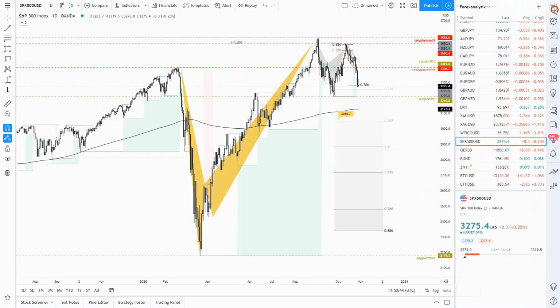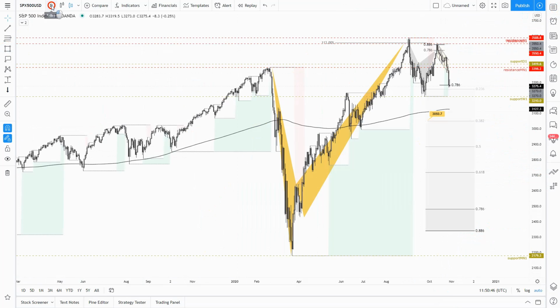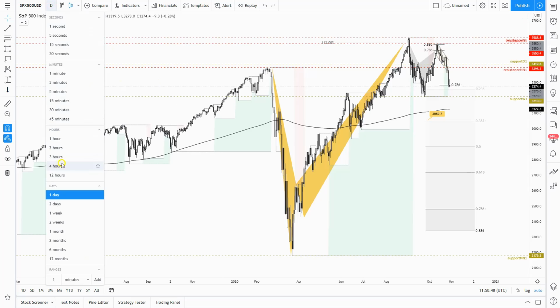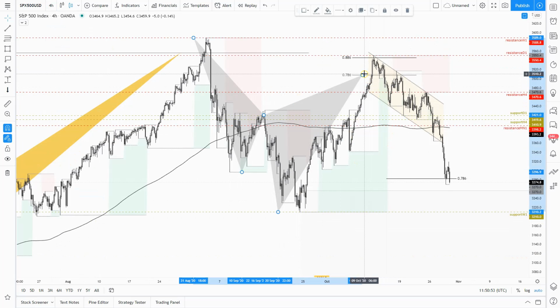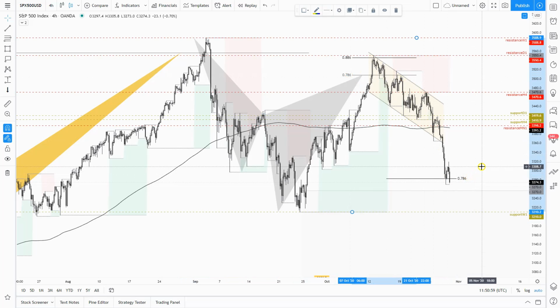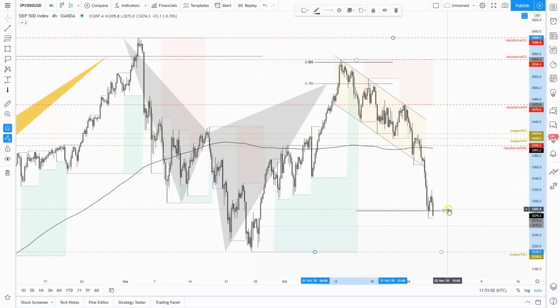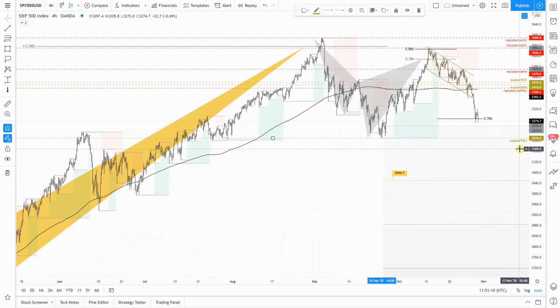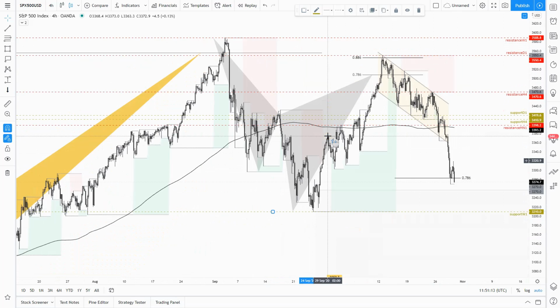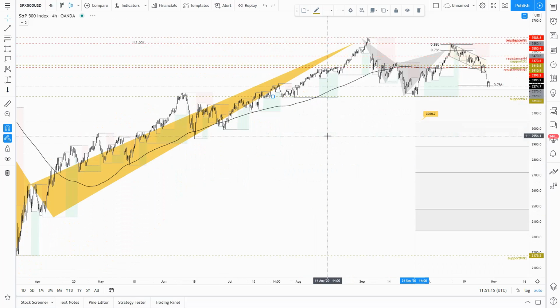S&P, I showed before that potential bearish cipher pattern at 78% fib. The market later recovered that 78% fib, and we are now sinking below that 78% Fibonacci retracement, and approaching. Eventually we will retest that weekly fractal right there.